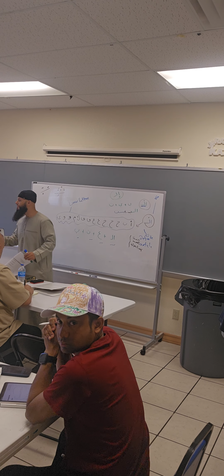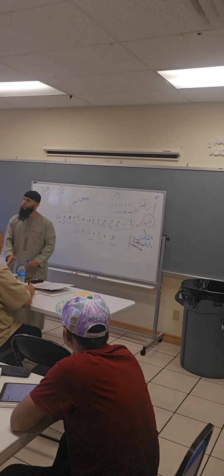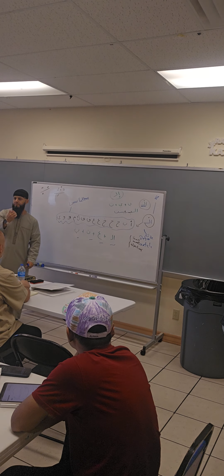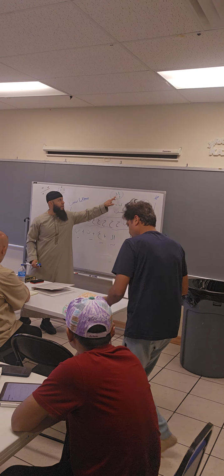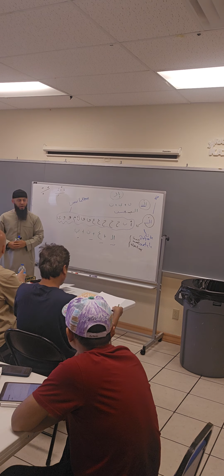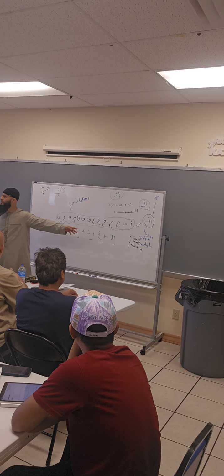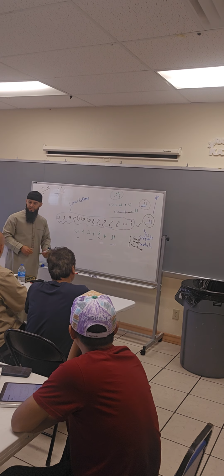Alif, dal, dhal, ra, za, waw. The last group, they don't have a left hand. Only a right hand. So this is from the last group, and that's why it cannot connect. Okay, so what is the word? Yes.